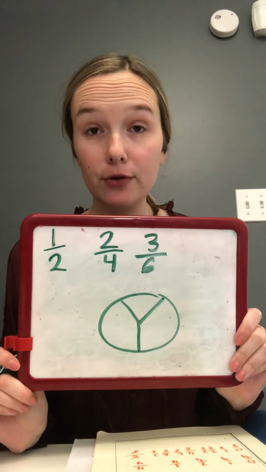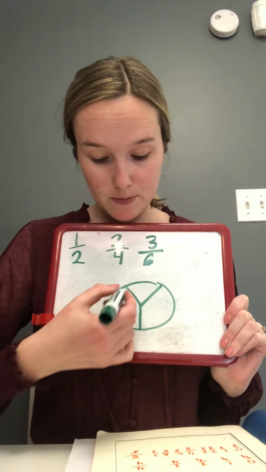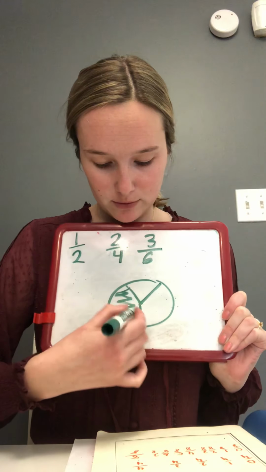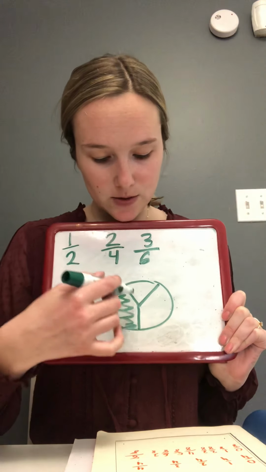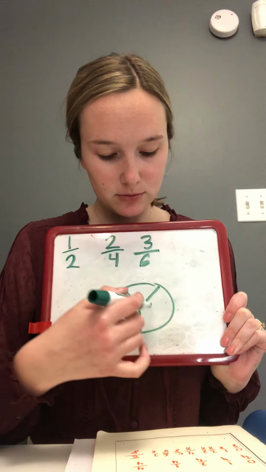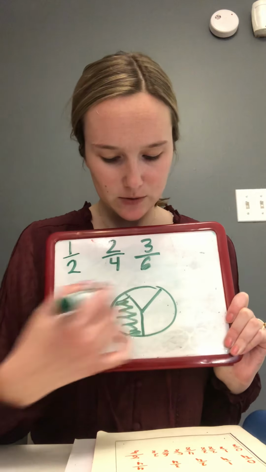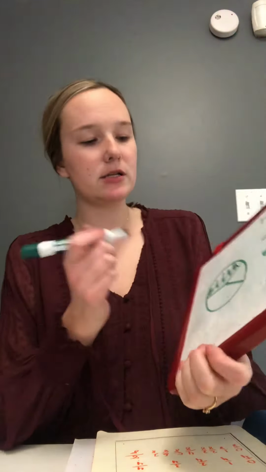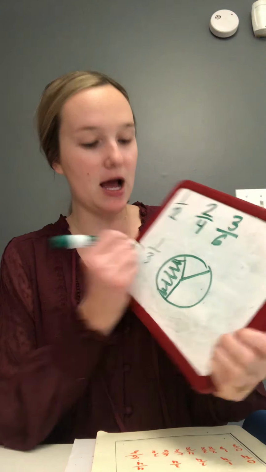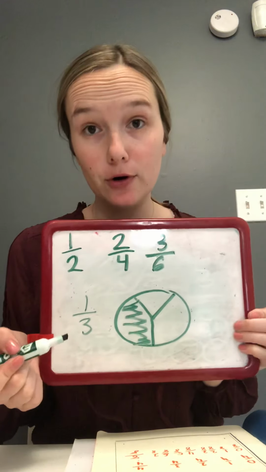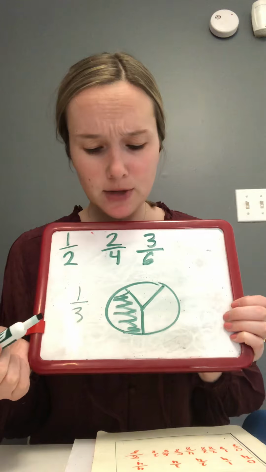So I've got 3 here. Okay, I'm gonna try to cover half. Well, that doesn't work because that's still up there. And then this just doesn't work. So what I've covered is I've just covered 1 out of 3. I've just colored 1/3 of my fraction. So that doesn't work.